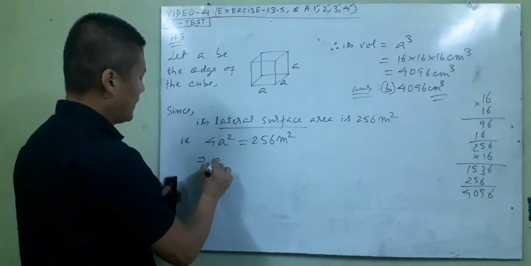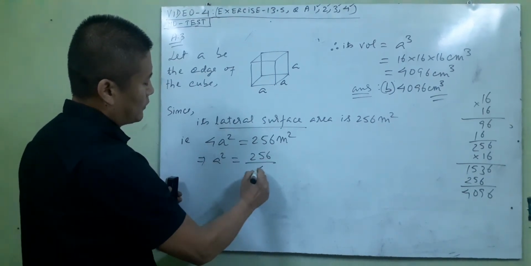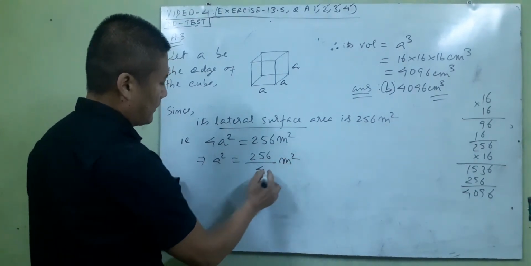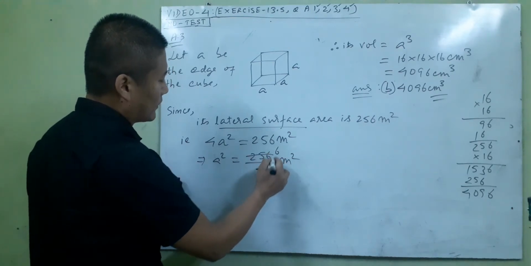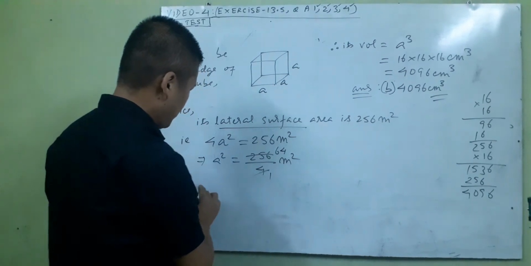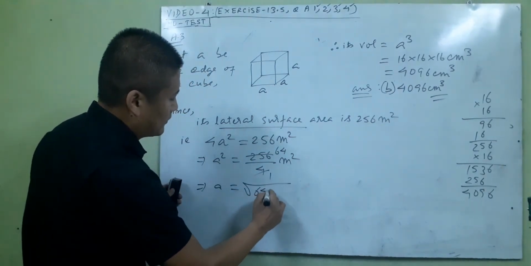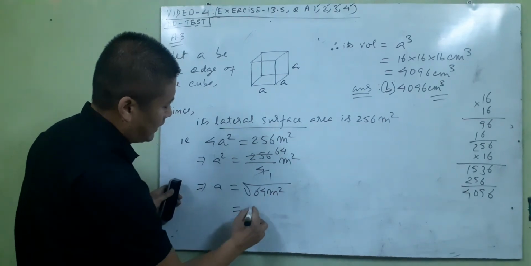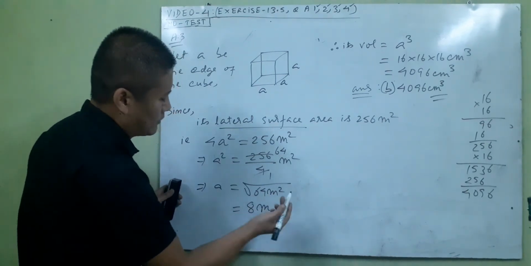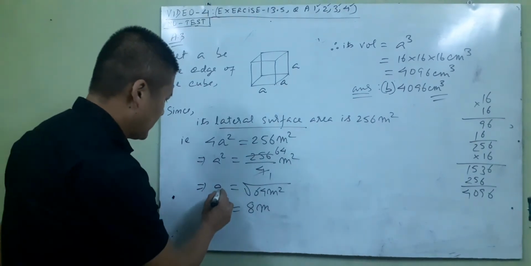Now a square will be 256 divided by 4, which is 64 meter square. So a will be the square root of 64 meter square. The 8 will come out, and meter will come out single. So the value of a is 8 meters.